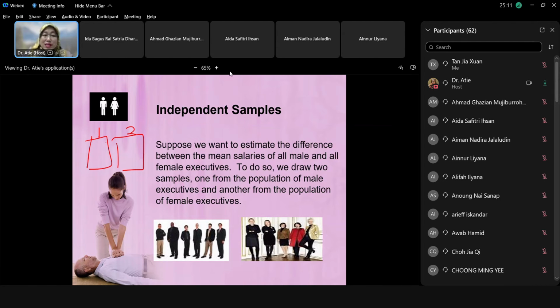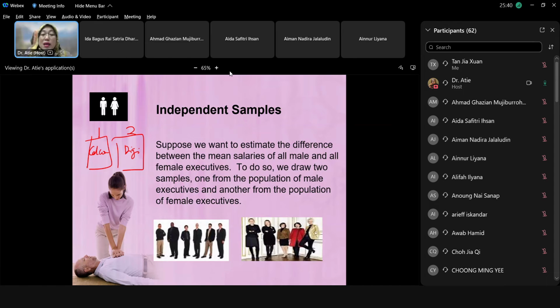They are totally different. For example, I have staff from Celcom and also from DiGi. They are two different entities, so I take a sample from Celcom and also a sample from DiGi. That's what we call independent samples, where the two samples are not related. They are exclusive.